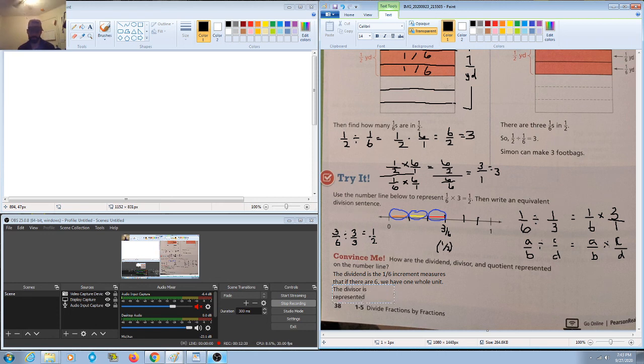If we have the divisor, it is represented by the reciprocal of 1/3, being the 3 times we multiplied by 1/6 to get 1/2. Okay, so essentially we're representing the divisor here in this multiplication problem by the reciprocal of the divisor being 3.